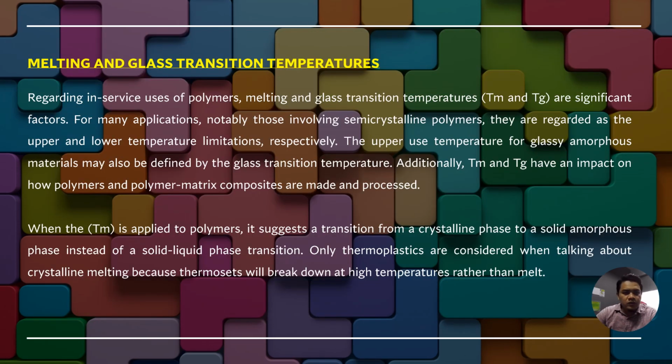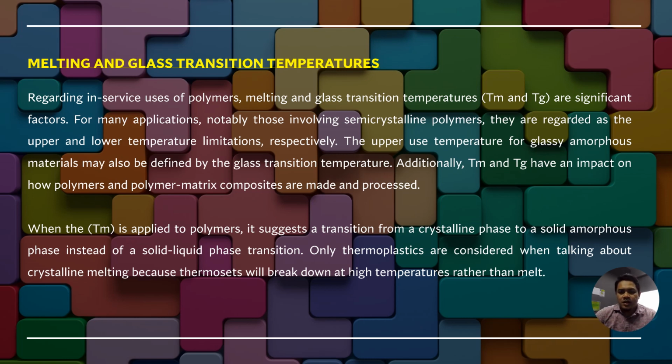Okay, next we go to the melting and glass transition temperature. Regarding the service use of polymers, melting and glass transition temperature are significant factors. For many applications, those involving semi-crystalline polymers, they are regarded as the upper and lower temperature limitations respectively.